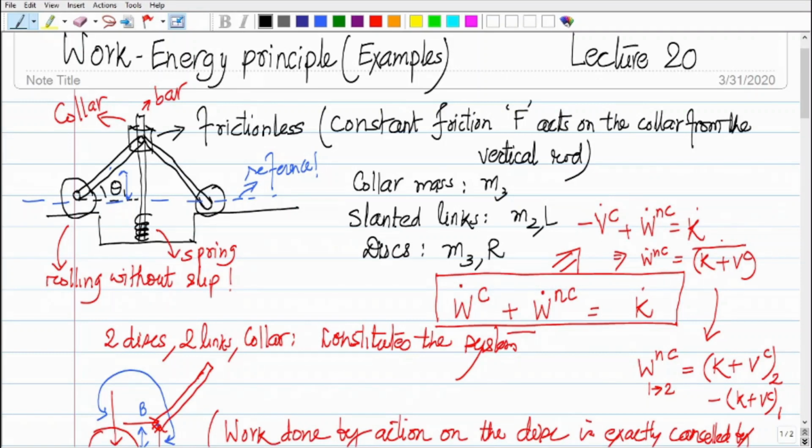So whatever distance the collar goes down, the work done by friction is simply F into that distance, because the friction force is given and it is big F constant. Okay? And it is going to be negative, right? Because friction acts in the direction opposite to the displacement.